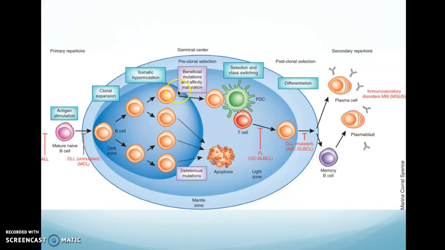Then when it's going through maturation, there's selection and class switching, and then it can become a memory cell and go to the plasma cell. It shows you both paths, the beneficial path and the death.